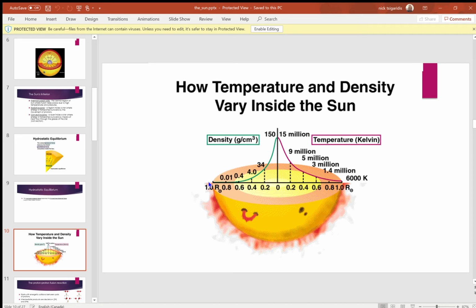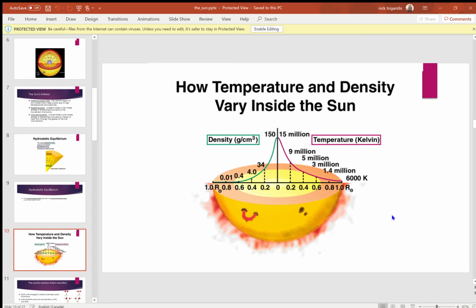You'll notice that the density at the outside is much, much lower than as you go into the center of the sun, right? So we've got the center of the sun, the core, you're at 150 grams per cubic centimeter density, whereas on the outside, you're much, much smaller in terms of its density. And that has to do with the amount of gravity there, pushing things together, squeezing things together. They become more or less dense depending on where you are in the sun.